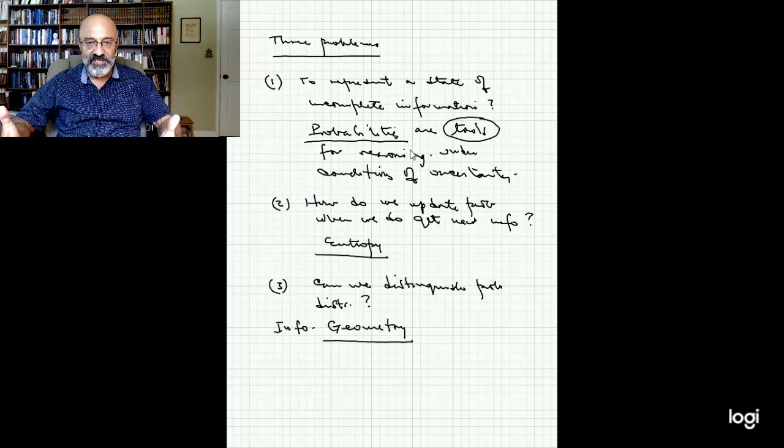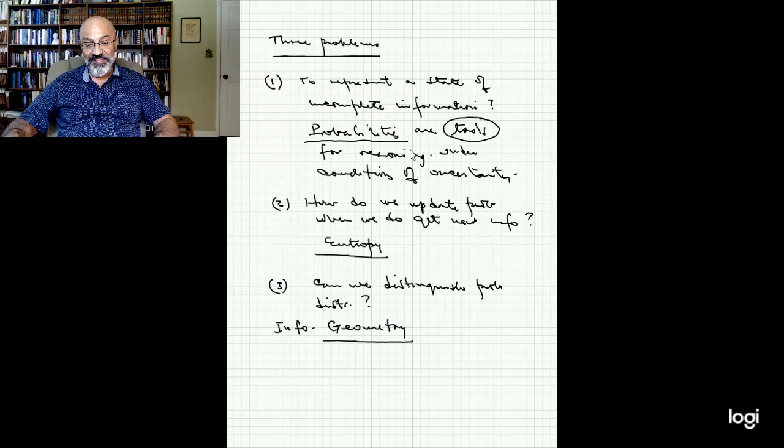Is there any connection? There is a Pythagoras theorem when you study the distinguishability of distributions. There are parallel lines. There are notions of parallelism. There are notions of area, of volume. That's remarkable. It's exactly the same mathematics.